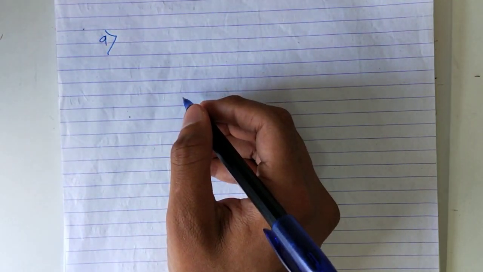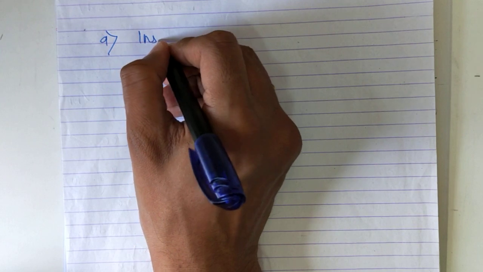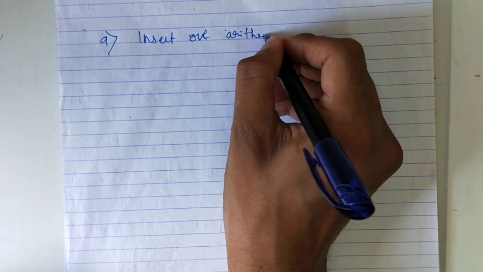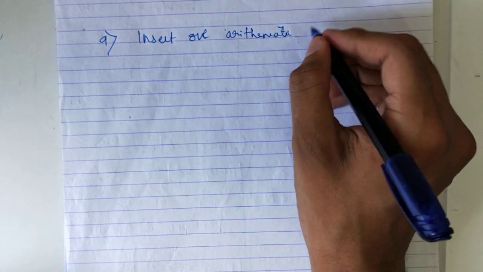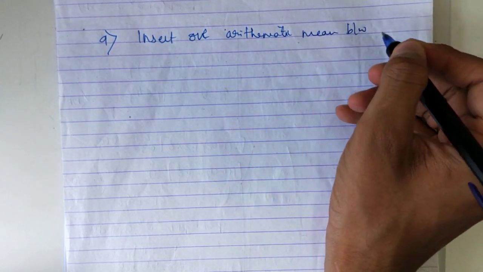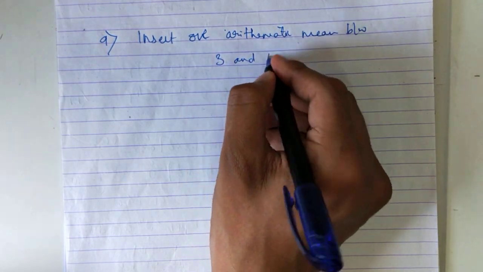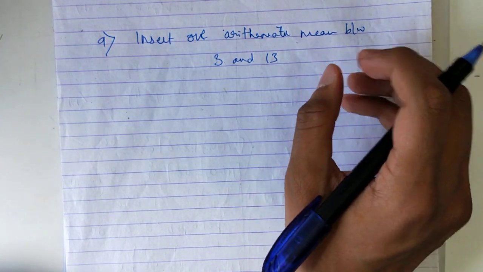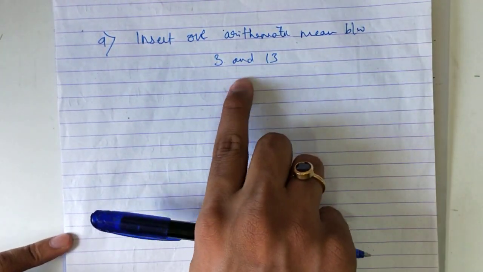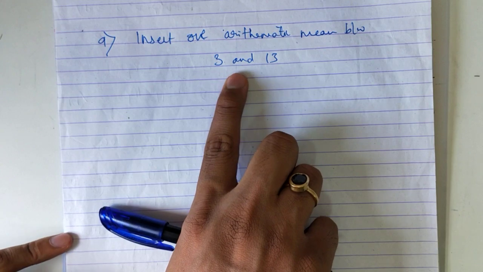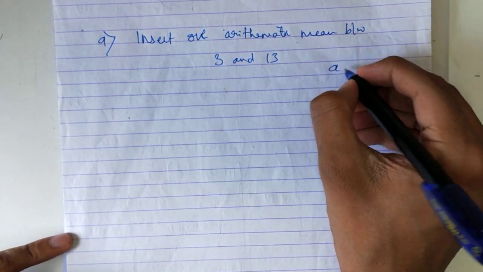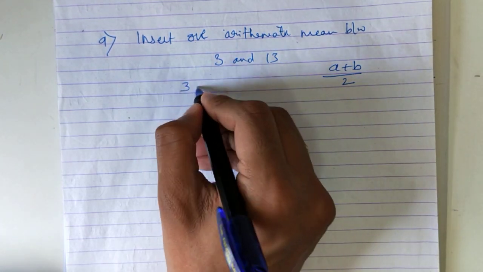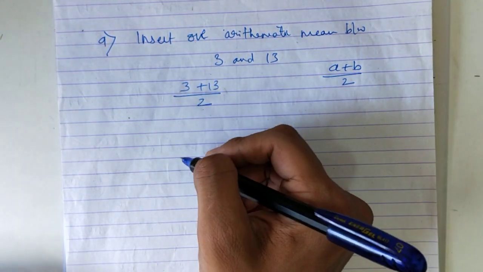The 9th sum is very easy. We have to insert one arithmetic mean between 3 and 13. Whenever you have to insert one mean between two numbers, what you have to do is very easy. The formula is (a plus b) upon 2, meaning add both numbers and divide by 2.